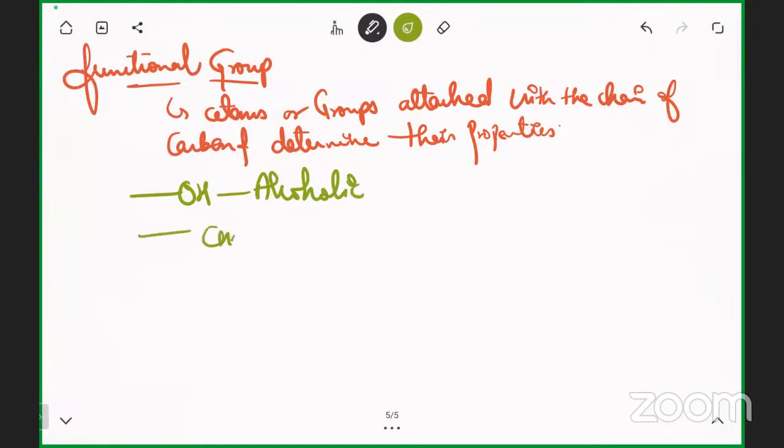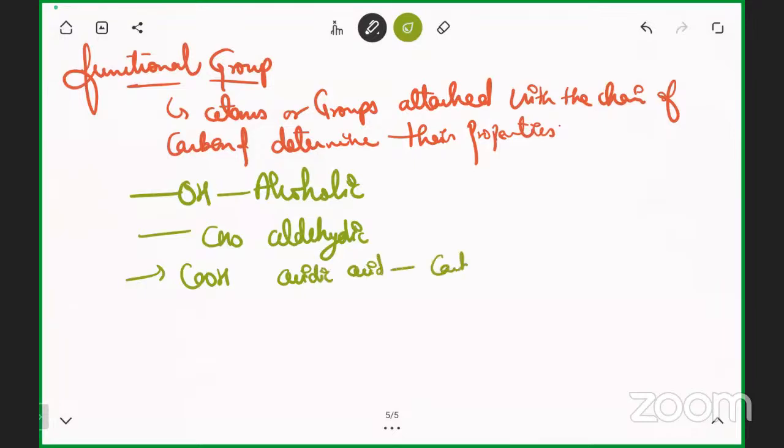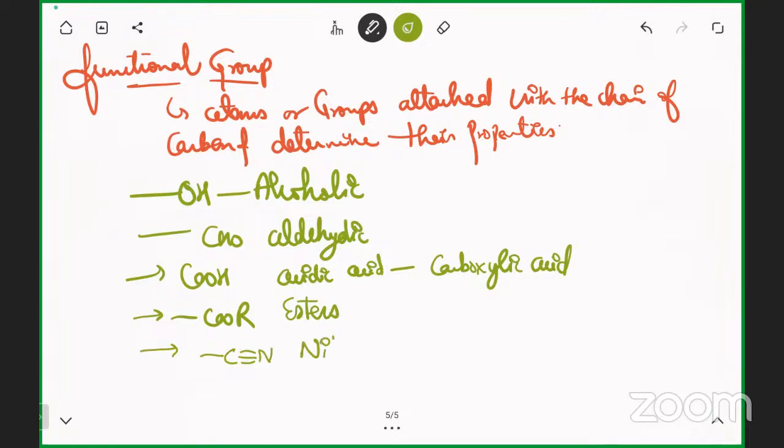Okay, so for example, we have OH alcoholic group, we have CHO aldehydic group, we have COOH acidic group. Which group is known as COOH? Carboxylic acid. And we have COOR, that is esters. We have nitrile, C triple bond N. We have SH, that is thiol.